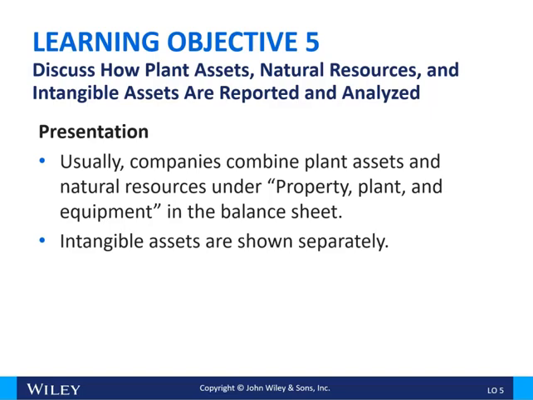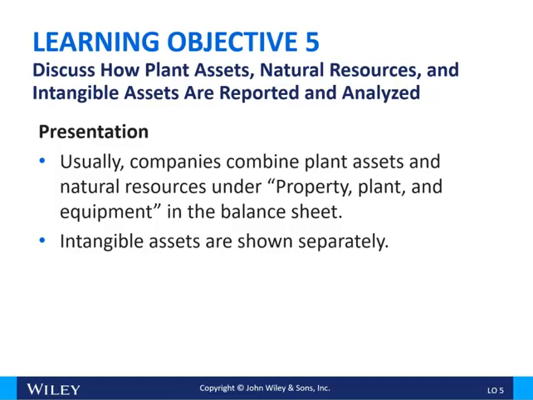Now we'll look at presentation. So usually companies combine plant assets and natural resources under property, plant, and equipment in the balance sheet. Okay, intangible assets are shown separately. So if you remember back a few chapters when we talked about the classified balance sheet, current assets, then we had long-term investments, we had property, plant, and equipment, and we had intangible assets.